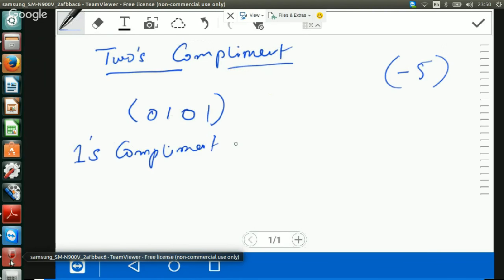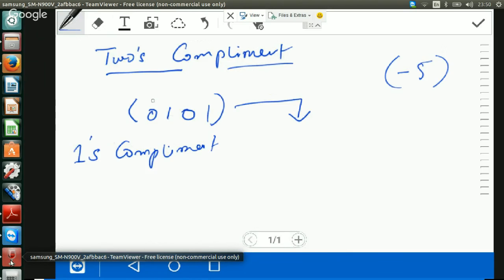What is the 1's complement? You simply take the number that you need the 2's complement of, and you invert it. You simply reverse the whole number.